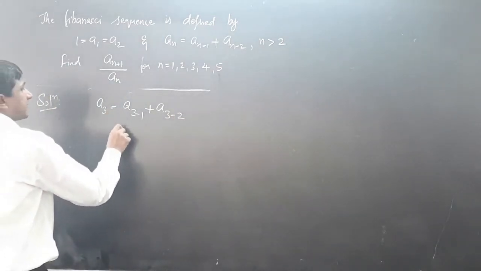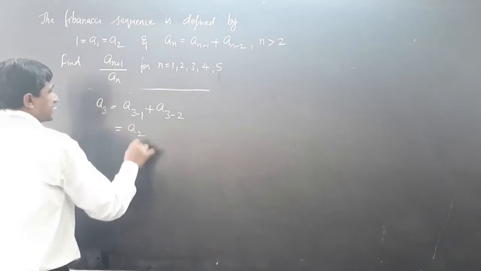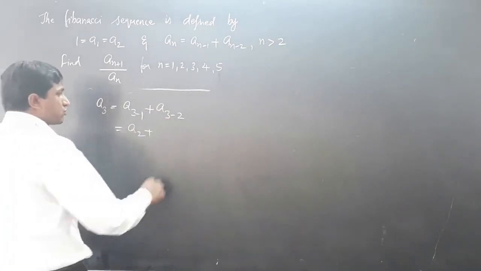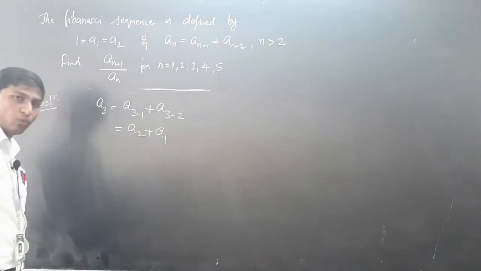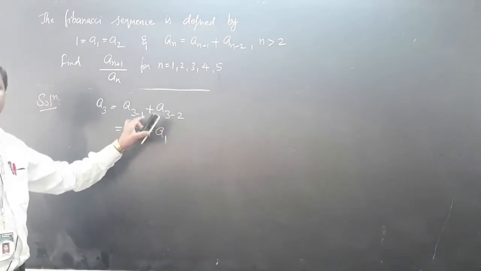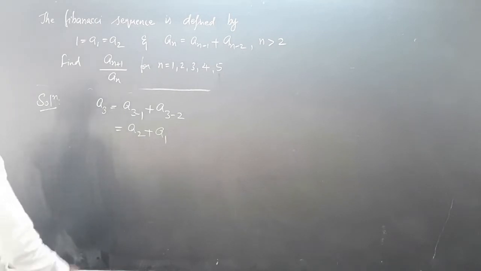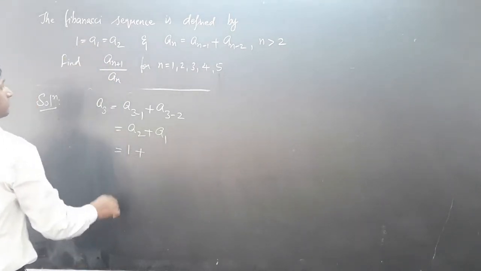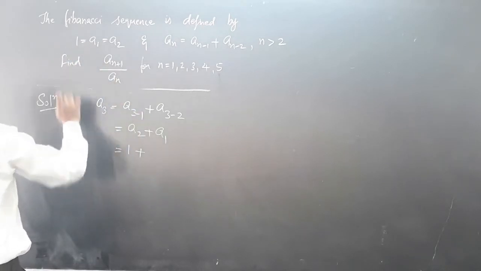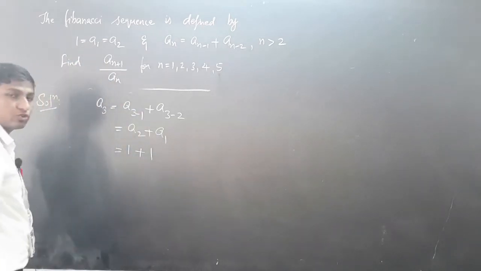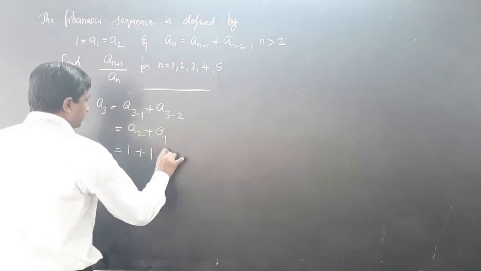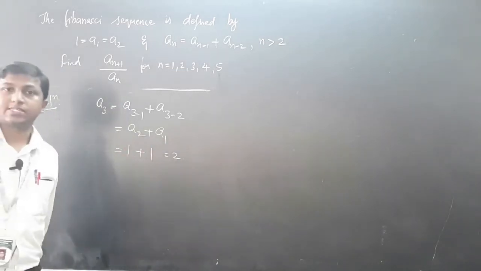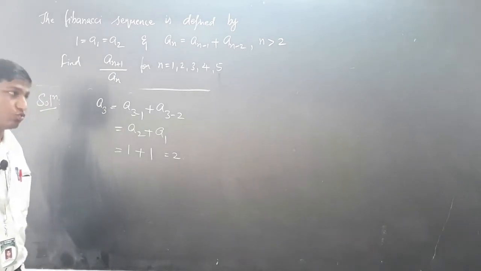A3 minus 1 is A2, and A3 minus 2 is A1. So this is nothing but A2 plus A1. A2 value is 1 plus A1 value, which is also 1. 1 plus 1 is 2. So the third term is equal to 2.